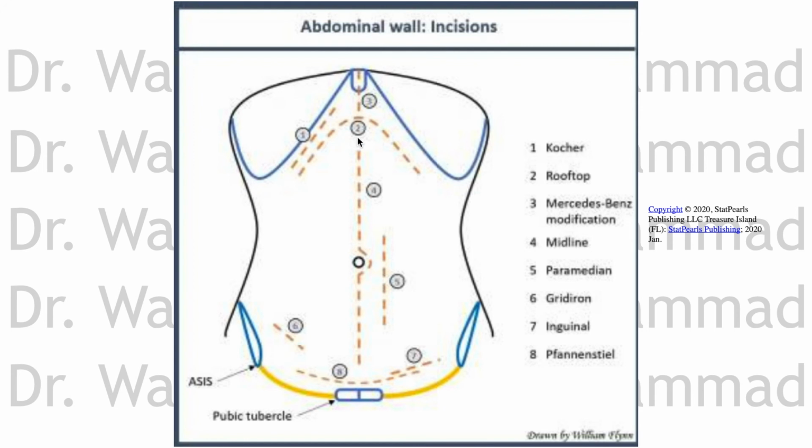There's of course the midline incision that curves around the umbilicus, and this is done in the linea alba. We studied before that it's preferable by some surgeons because of the less bleeding, but it takes longer time in healing because of course of the less vascularity. And some prefer the paramedian incision, as you can see here.